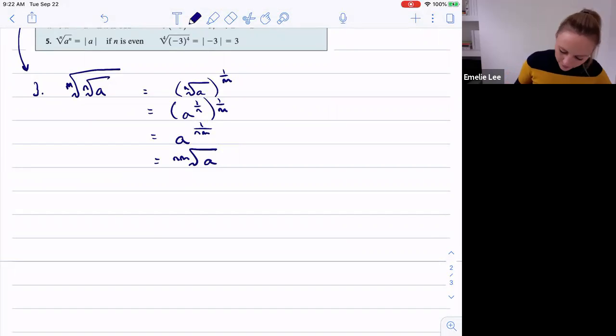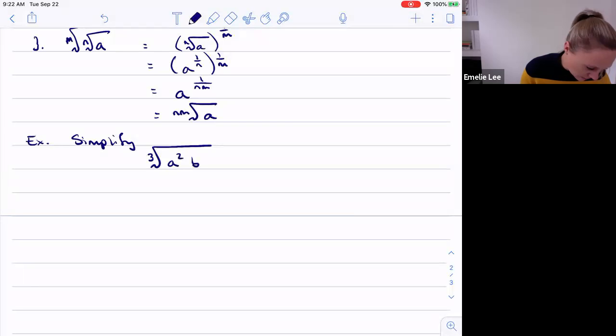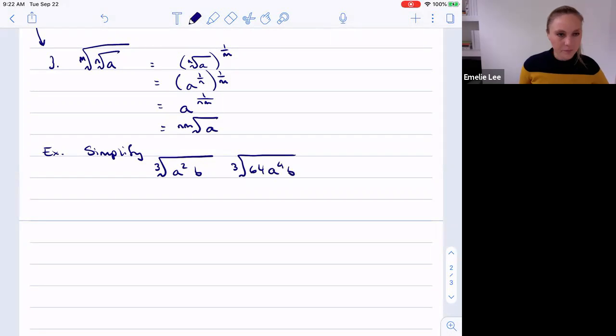Oh yeah, let's do an example using these laws. So if I want to simplify the third root of a squared b times the third root of 64a to the fourth b.